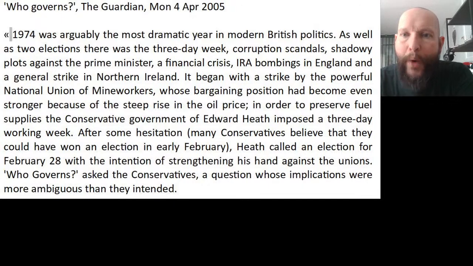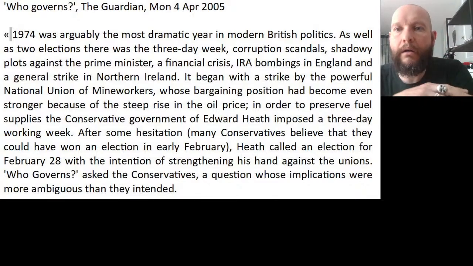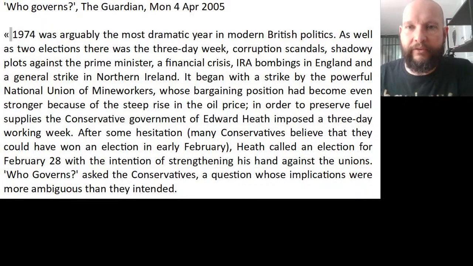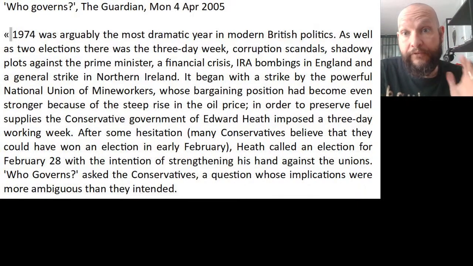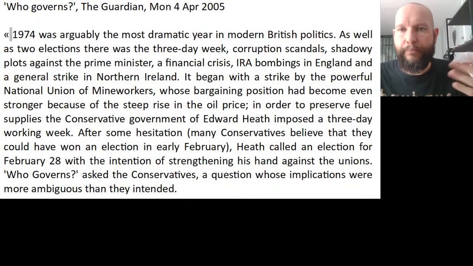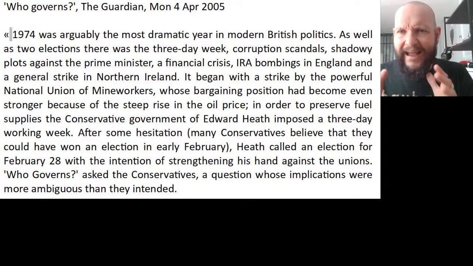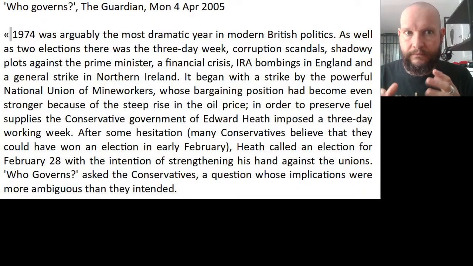In a few weeks, a barrel of oil jumped from $3 a barrel to $12. Okay, so for us, $12 is still relatively cheap. But can you imagine that in a few days, the price of oil was multiplied by 4, and that affected the industrial world a lot.